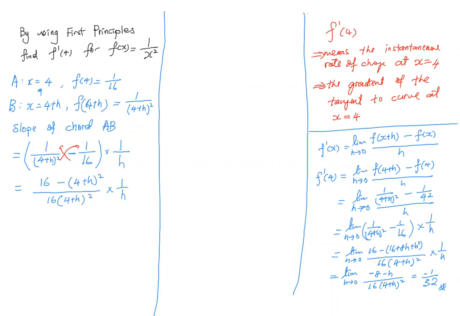Now I expand my numerator, but I still put it in the bracket. So there is 16 plus 2 times this times this, so 8h plus h squared. Bottom, don't do any expansion.